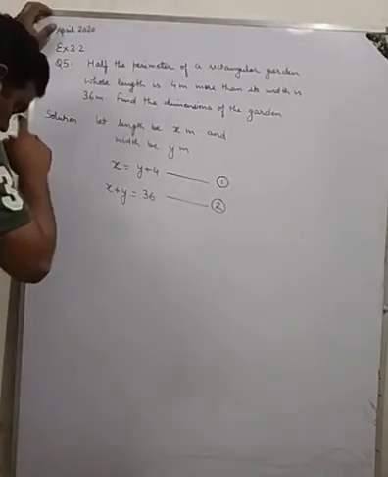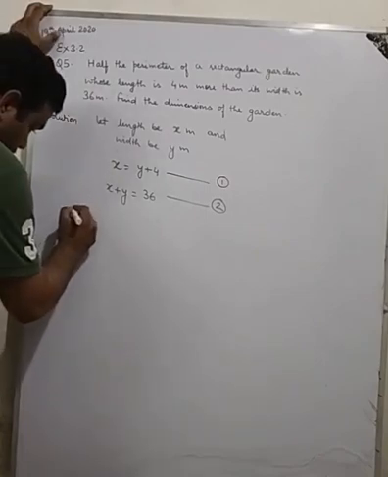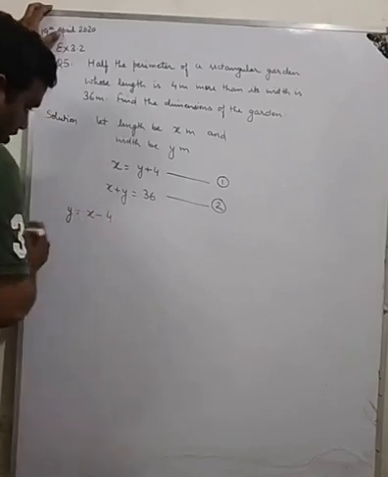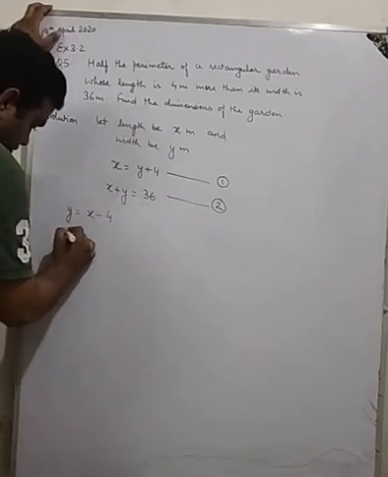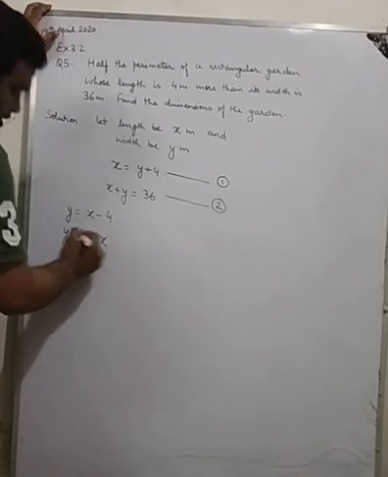And let's see. For this first one, y is equal to x minus 4, and the second one, y is equal to 36 minus x.